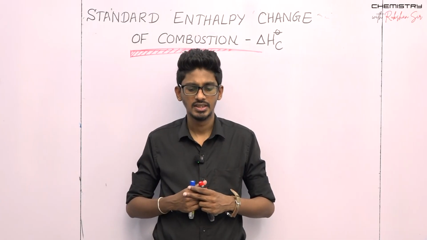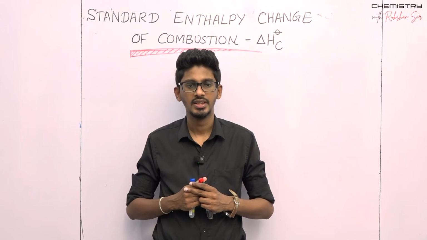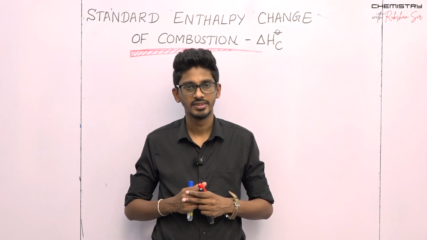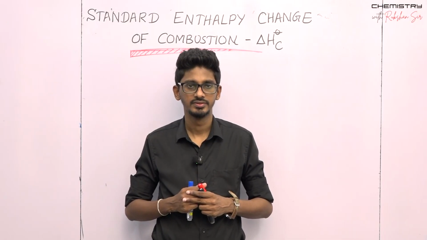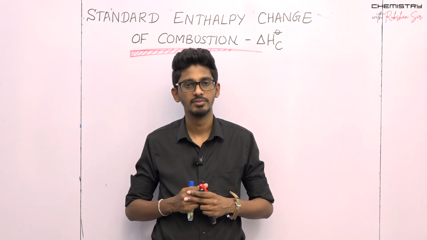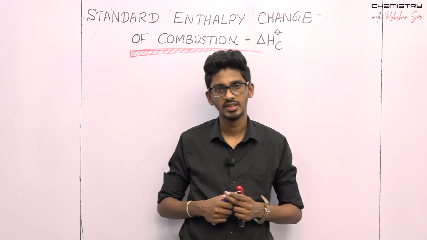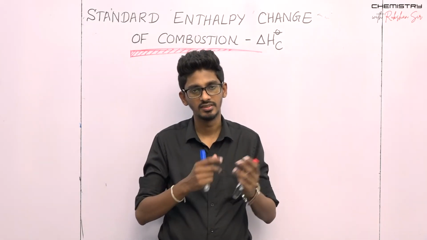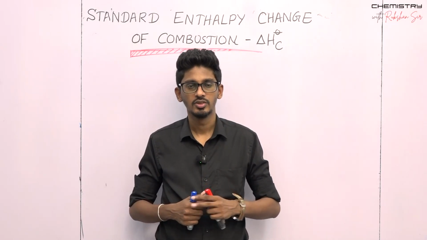Then what are the things at the other side? Give the products within brackets, respective oxides. Just highlight that as well. Those are the things at the other side of the equation. So this is the definition.